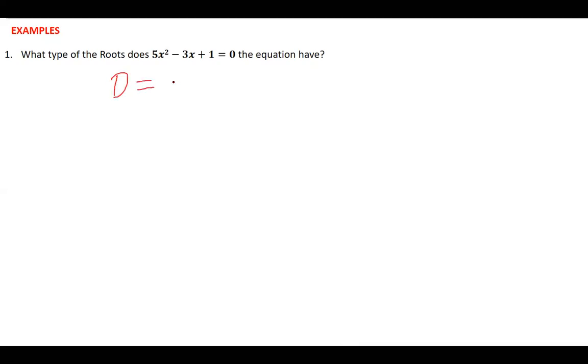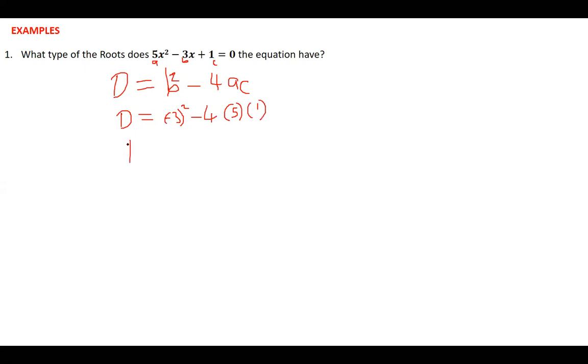Our discriminant is given by b squared minus 4ac. So our a is here, our b is there, our c is there. Where there's b squared, we put negative 3 squared, minus 4, where there's a we put 5, then where there's c, we put 1.